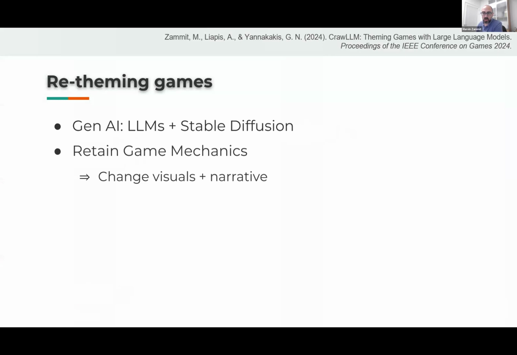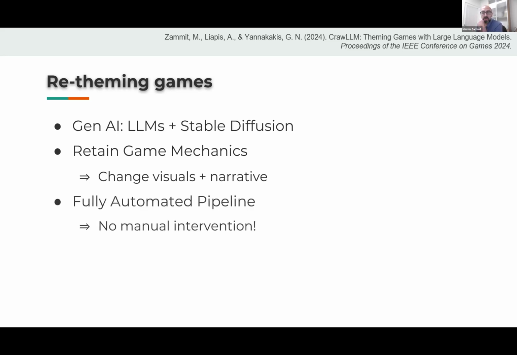Some other work that we saw in this area all required some kind of human intervention to format or assemble the generated assets, but we wanted to see how far we could push the automation of the pipeline. So we're looking into having everything in the pipeline generated and used as is in the game without any further intervention.